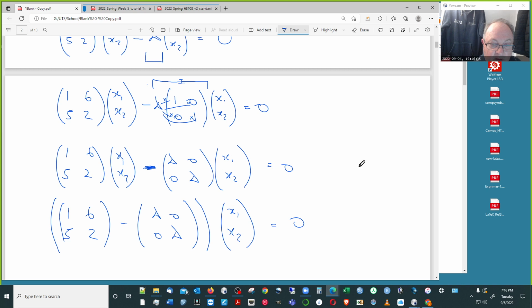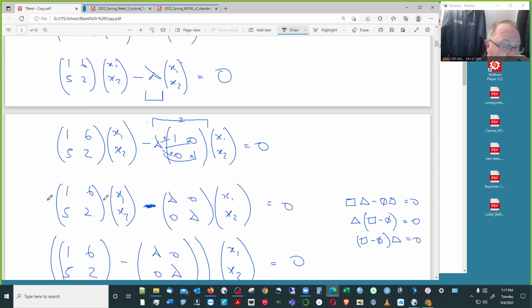So if there was something common in here, normally what you'd do is pull it out the front. Okay, all I've done is put it out that side. Okay, for matrix form, because the side that you're on with matrices is quite important.